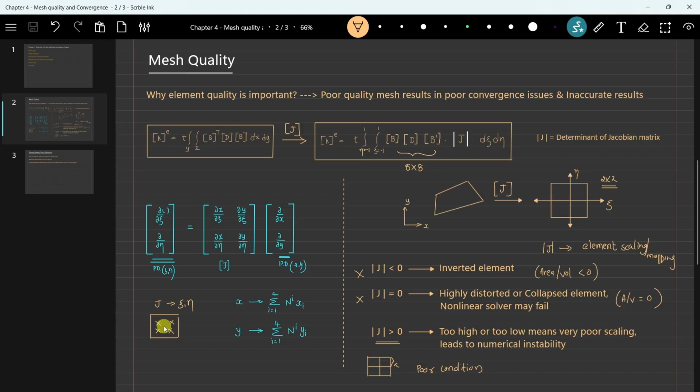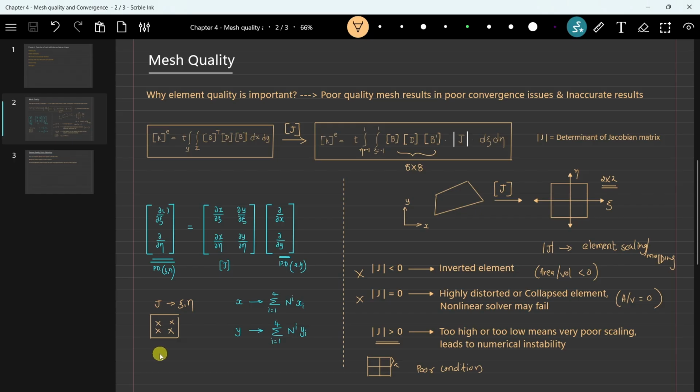After computing the Jacobian at each integration point, for each element, for example, this particular first order quadrilateral element will have four Jacobian values, at four integration points.